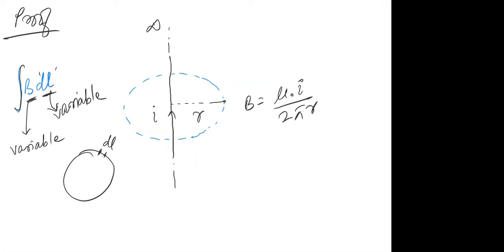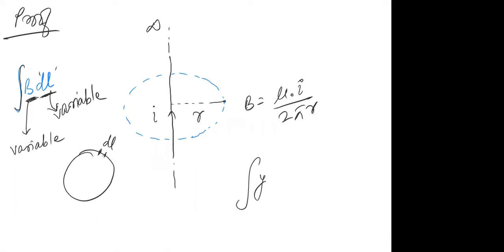Now it is impossible for us to find an integral in which we have two variable quantities. Did you understand? We can find the integral of one variable, but we cannot find the integral of two different variable quantities unless we know the relation between them. First, try to understand what I'm saying.